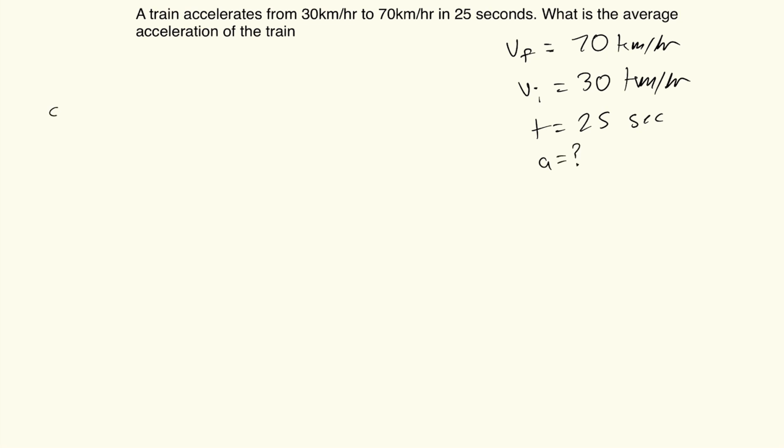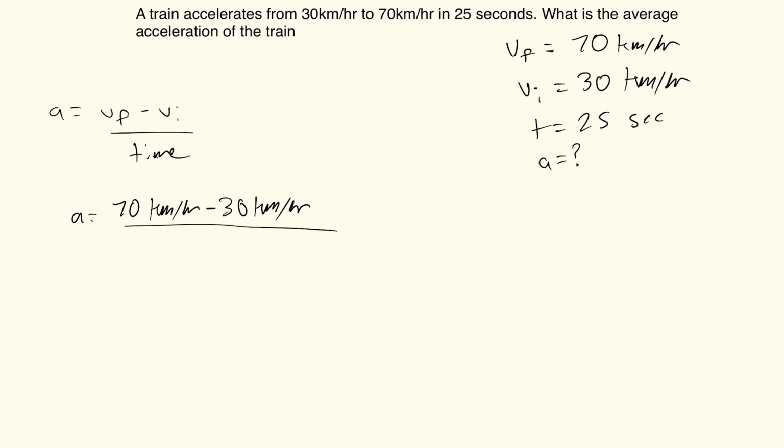Now let's whip out our formula. A is equal to Vf minus Vi over time. Acceleration is equal to 70 kilometers an hour minus 30 kilometers an hour all over 25 seconds.